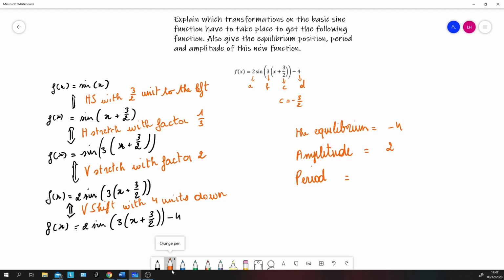And this we can find with the formula for the period, and that is 2 pi divided by our parameter b. In this function it's 3. So we get 2 pi divided by 3. And that's how we solve this exercise. And this was the video about the sine function.